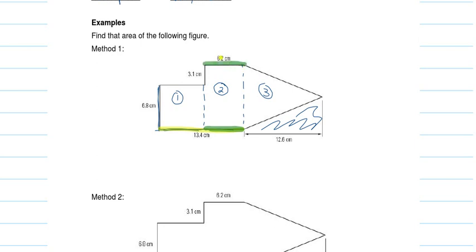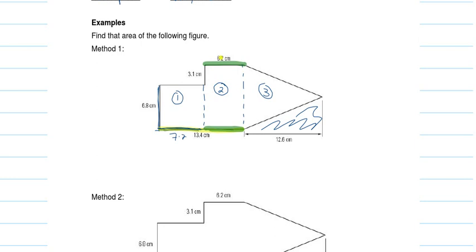Now, if I want to find this right here, I do 13.4 minus 6.2. That would give me this side. So 13.4 minus 6.2 would be 7.2. So now I have the length and the width of my rectangle.